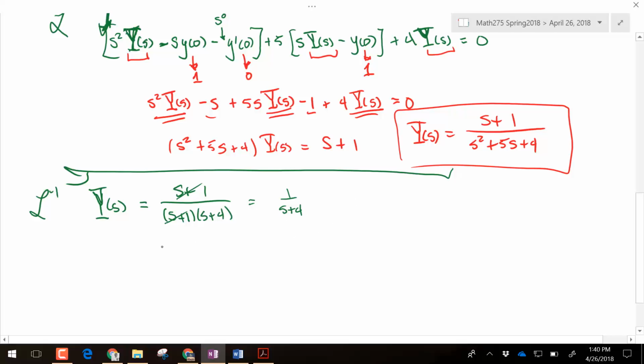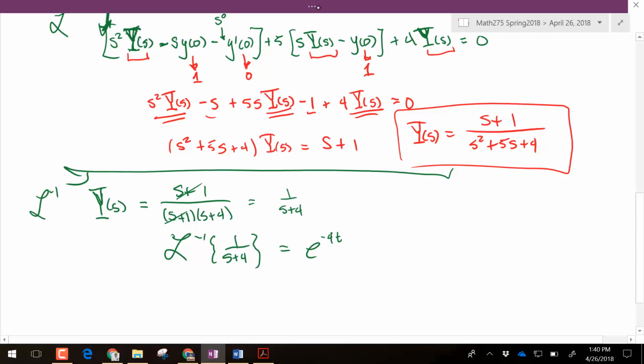So this goes back into the real world as e to the, there's no constants even, huh? e to the what? Negative 4t.